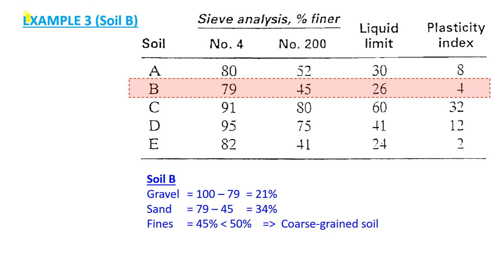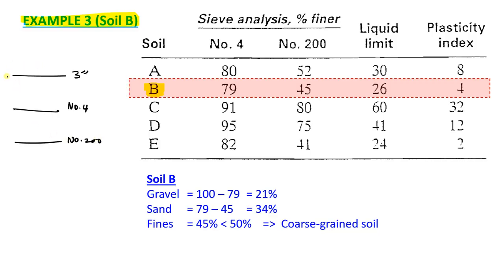In this example I'm going to consider the same table, but I'm going to take soil B. So this is our soil B. In the same way we are going to draw these lines. This is the 3-inch sieve, number 4 sieve, and number 200 sieve.